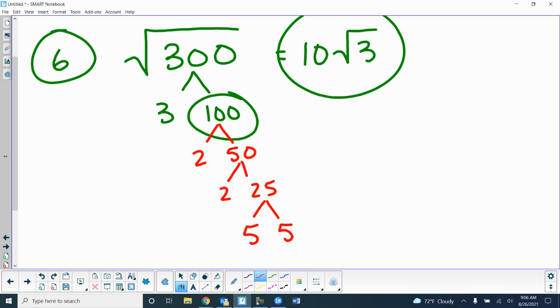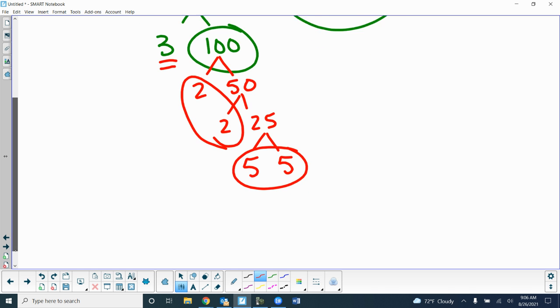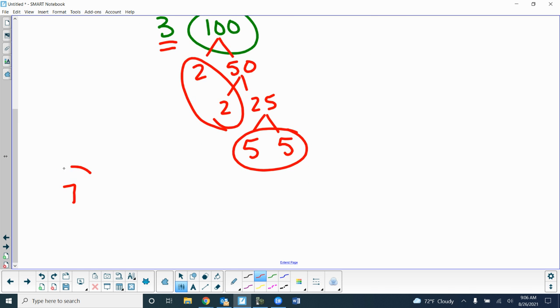Looking for pairs, right? So I have a pair of 5s. I have a pair of 2s. What do I do with those pairs? I multiply them together and move it out front, right? So if I take a 2 and a 5 out and multiply them, what do I get? 10. What's left? The 3. So you're going to get the same thing. Okay? If you don't see that there's a perfect square in there. All right? Any questions?